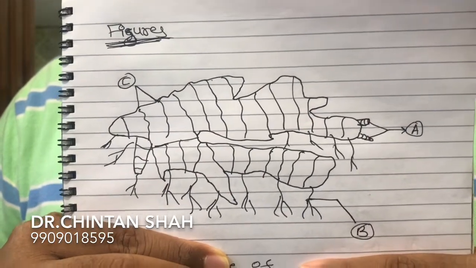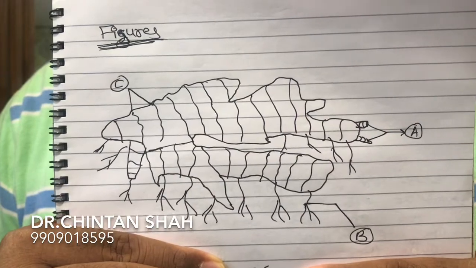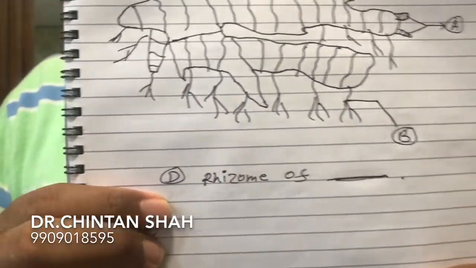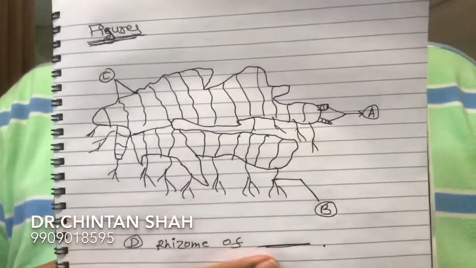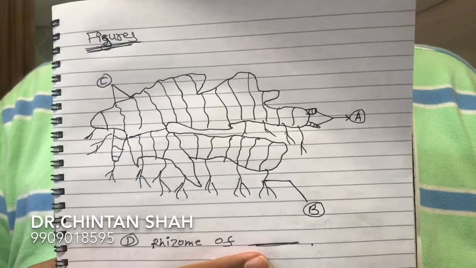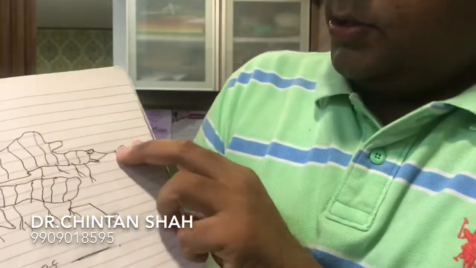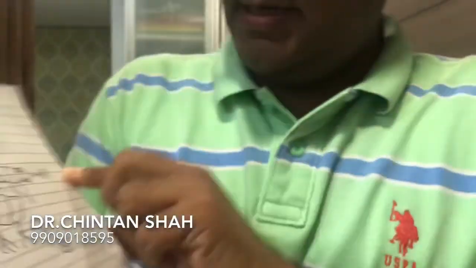Once you visualize it, you can get to know what is A, what is B, what is C, what is D. This is the figure of the rhizome of ginger. Option A is the adventitious buds.